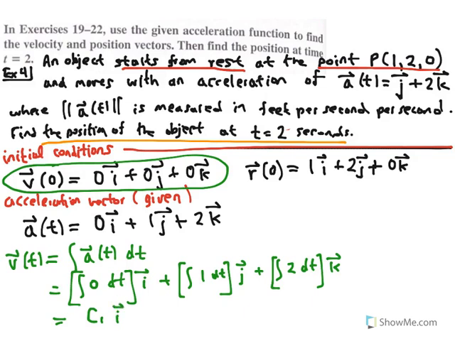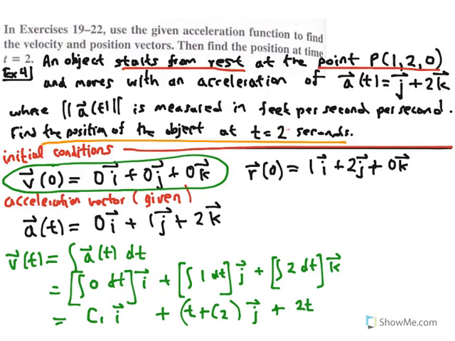So you'll have c sub 1 i. And then here an antiderivative of 1 with respect to t would be t. The derivative of t with respect to t is 1, plus a constant of integration c sub 2, multiplied by the standard unit vector j, and an antiderivative of 2 with respect to t would be 2t.